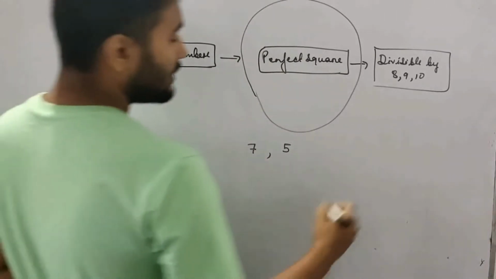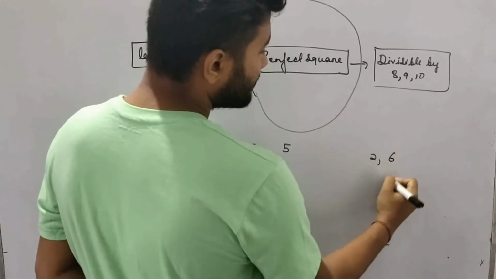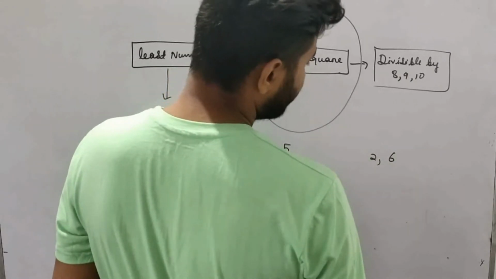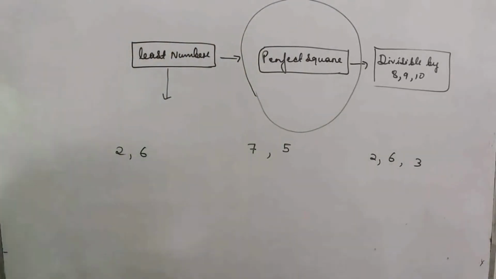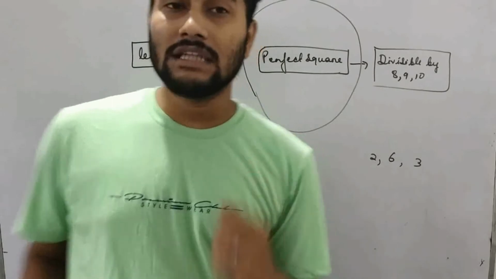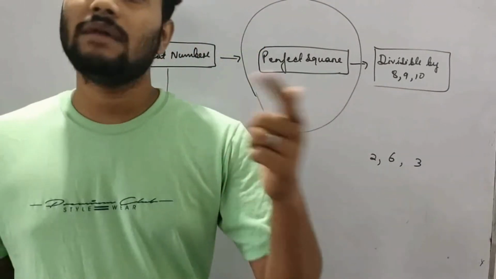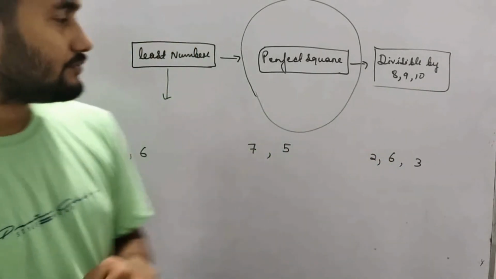What is the least number that is divisible by 2, 6 and 3? See, I have given you three extra questions.